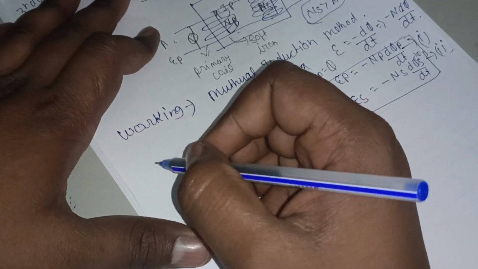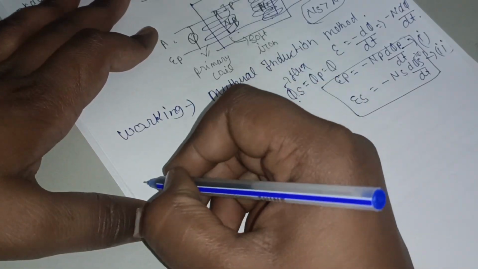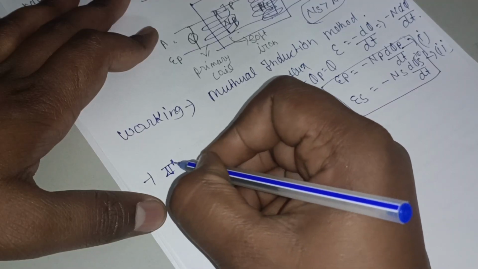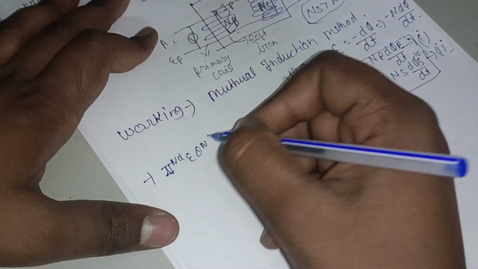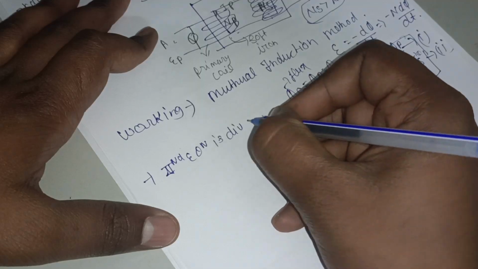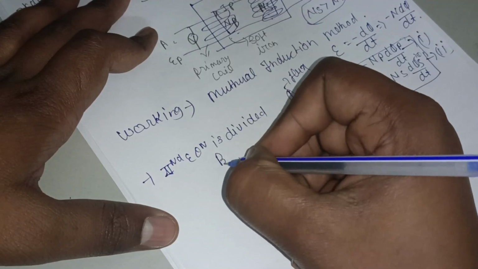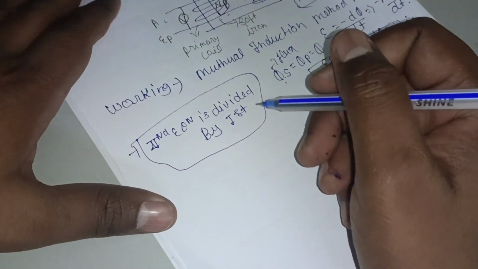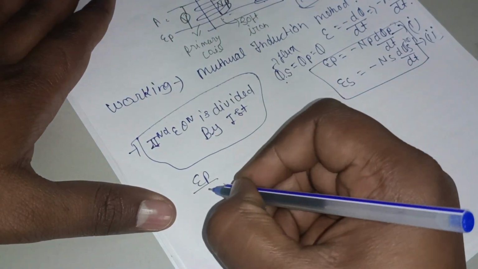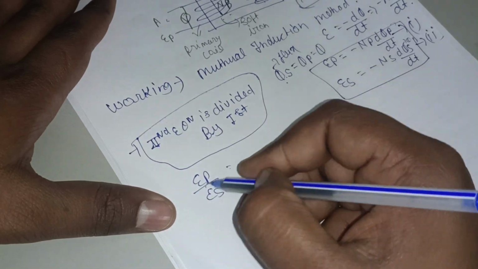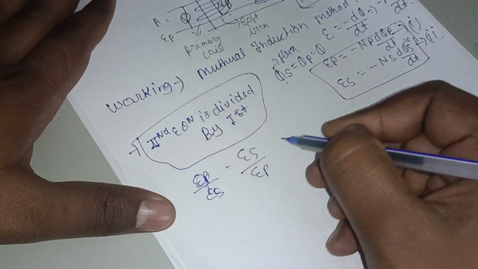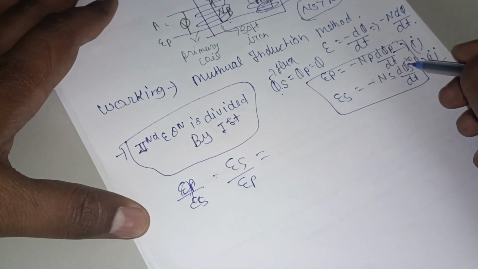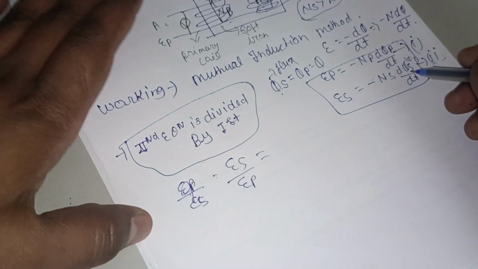If we divide the second equation by the first, then ES upon EP will be equal to NS upon NP. The minus will cancel, d phi and d phi will be the same, dt will cancel.